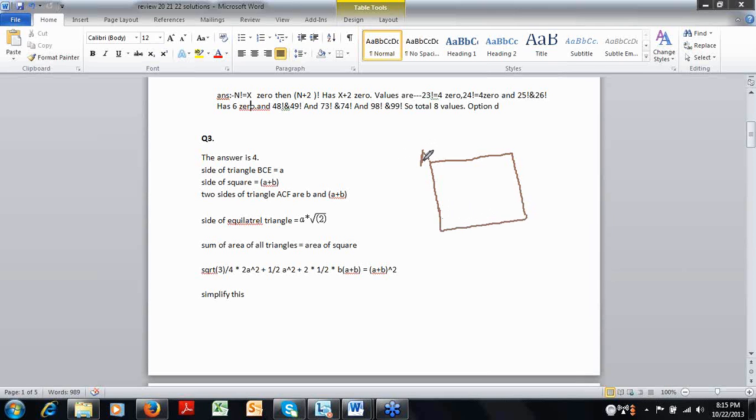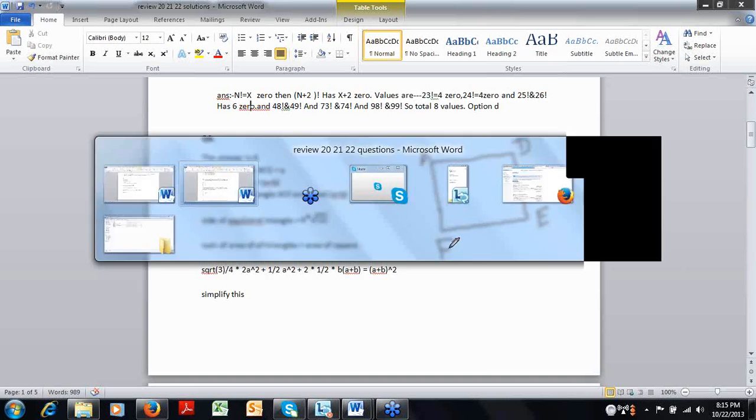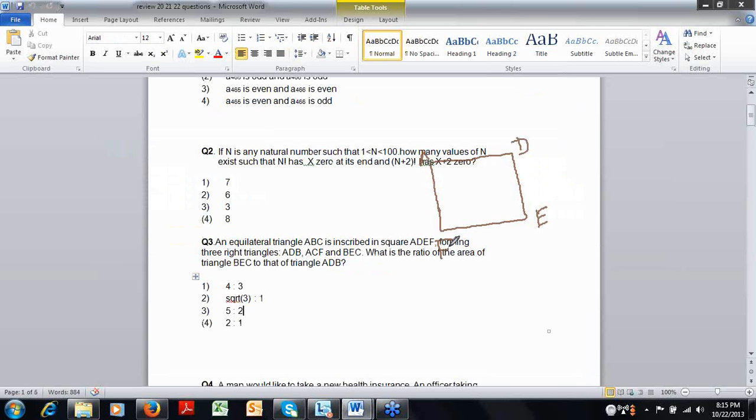So A, B, E and F. This is the square in which an equilateral triangle ABC is inscribed, forming 3 right angle triangles.